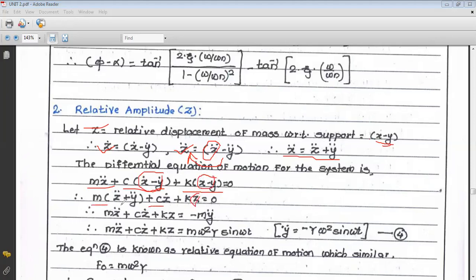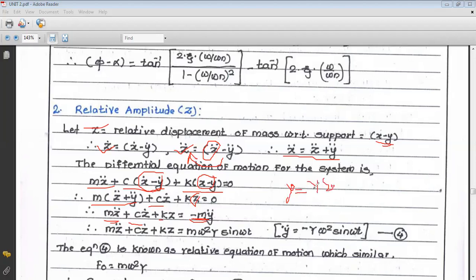So again, m z double dot plus m y double dot. Now taking z double dot terms on one side and y double dot terms on the other side, we get m z double dot plus c z dot plus k z equals minus m y double dot. Now we know that the value of y is nothing but capital Y sine of omega t.